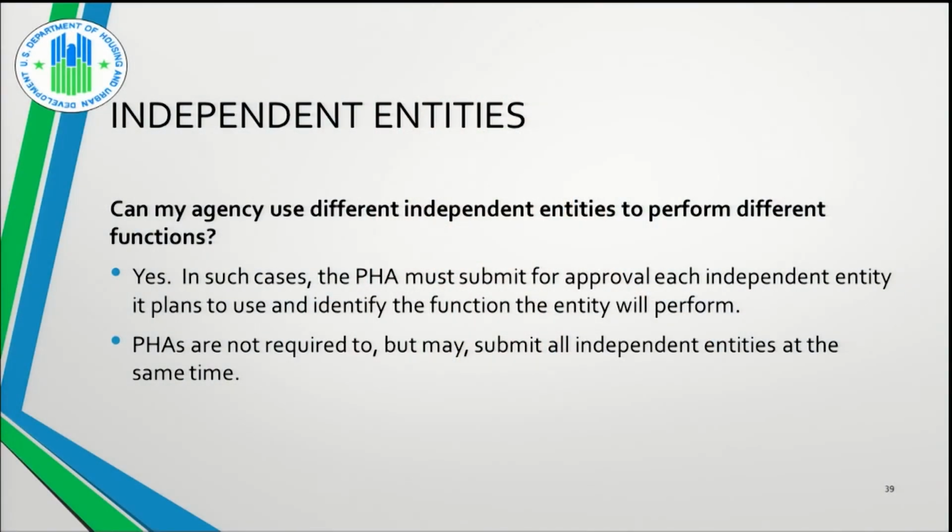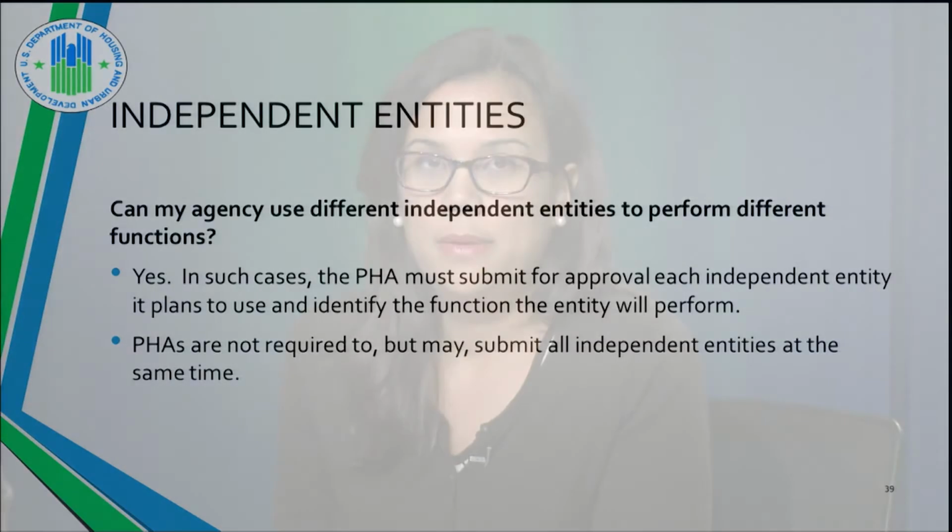In terms of whether PHAs can use different independent entities to perform different functions, the answer is yes. However, in such cases, the PHA must submit for approval each independent entity it plans to use and identify the function the entity will perform. PHAs are not required, but may, submit all independent entities at the same time to the HUD field office.